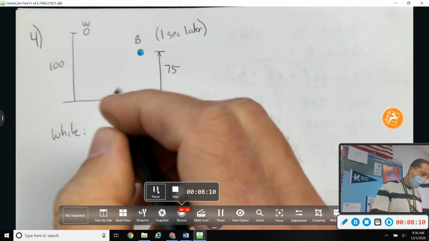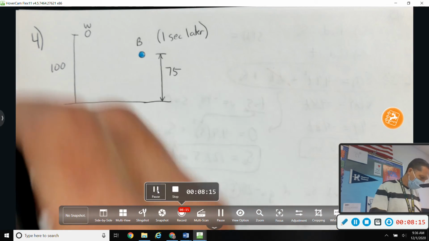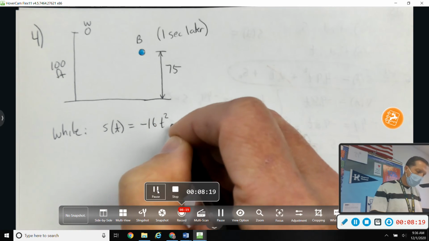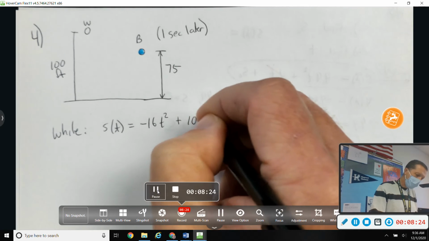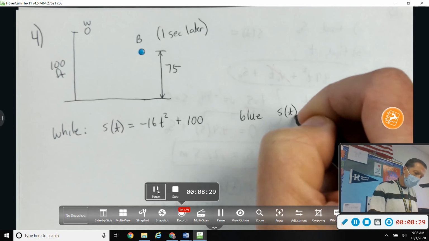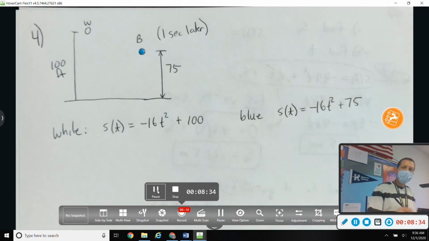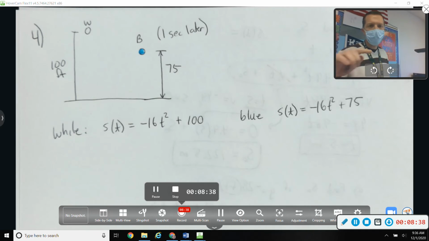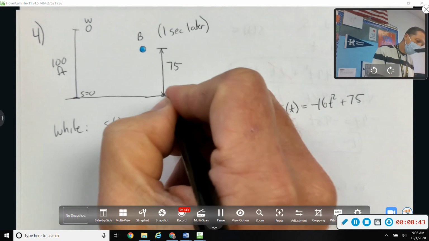So for the white ball, S of t is, let's see, we're in feet, so negative 16 t squared. V0 is 0, so I'm going to stop writing that, plus 100. For the blue, S of t equals negative 16 t squared plus 75. And I'll set them both equal to 0, because down here at the bottom, s equals 0.